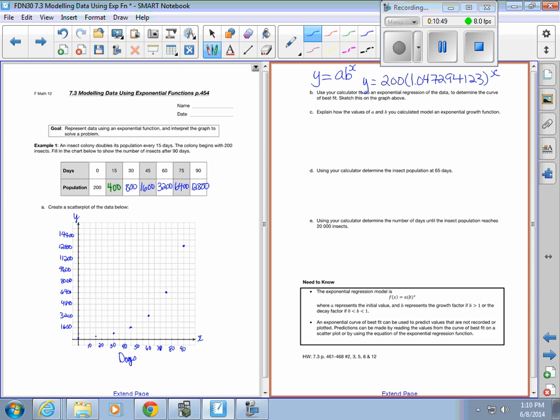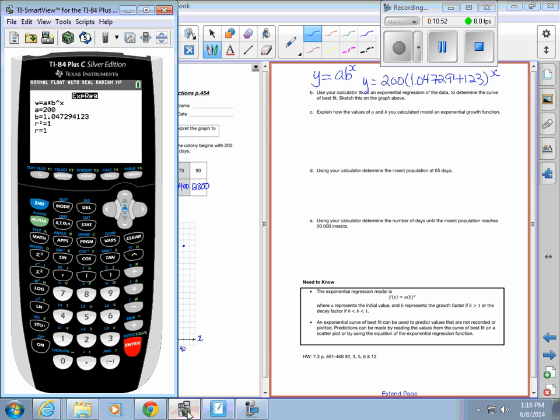So if we put it back into our calculator, do our y equals, so it's 200 times 1.047294123 close bracket to the power of x. There we go.